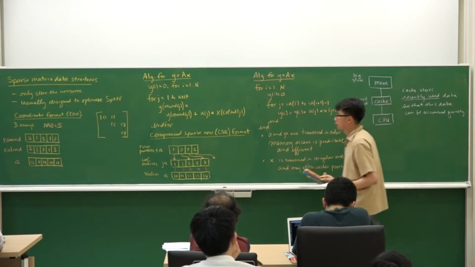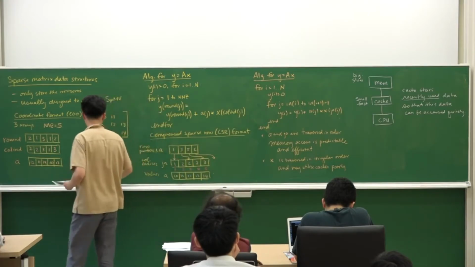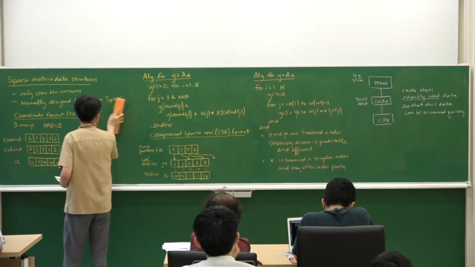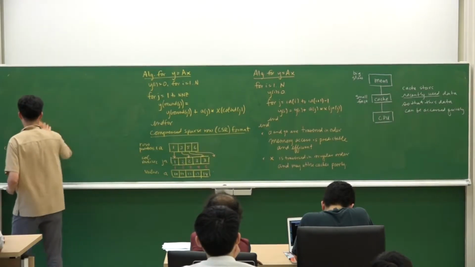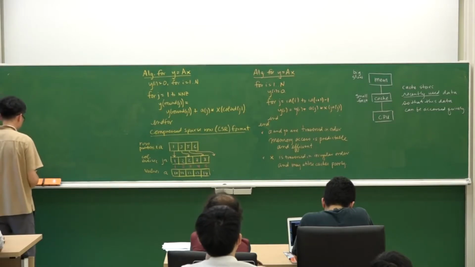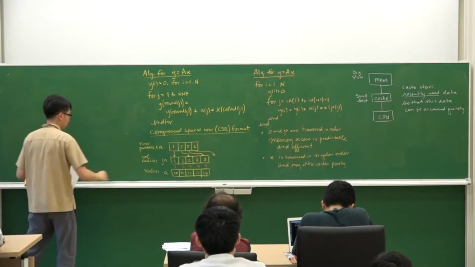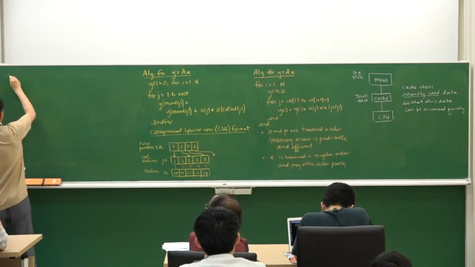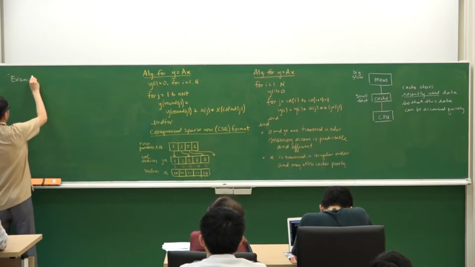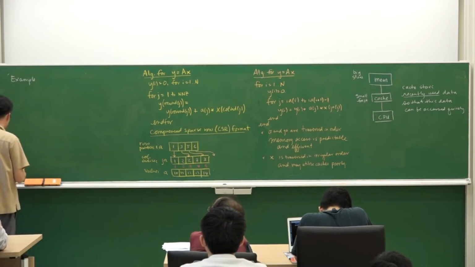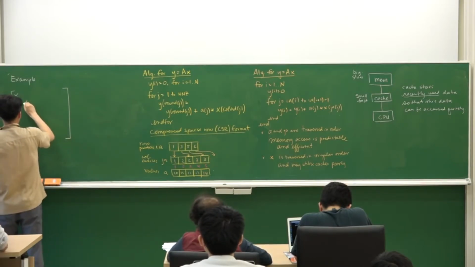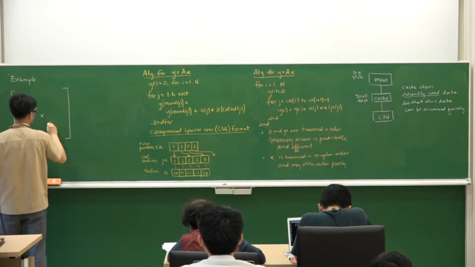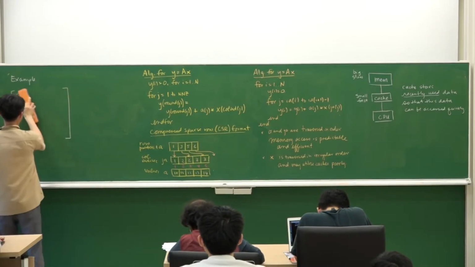So let's look at a particular matrix structure, that particular sparse matrix. So here's an example. So this is an 8 by 8 example.